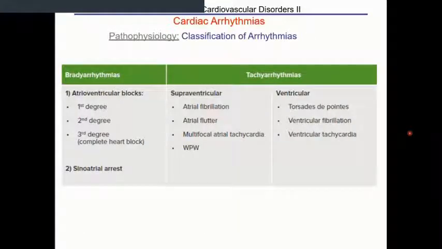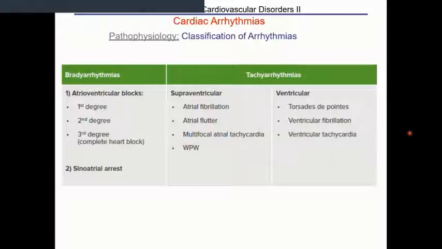So let's now go to your classification of arrhythmias. Arrhythmias are generally classified into two categories: your bradyarrhythmias and your tachyarrhythmias. Your bradyarrhythmias result from inadequate sinus nodal impulse generation or from blocked impulse propagation, and usually are not a cause for concern unless syncope or pre-syncope develops. And tachyarrhythmias are usually due to two major sources of problems.